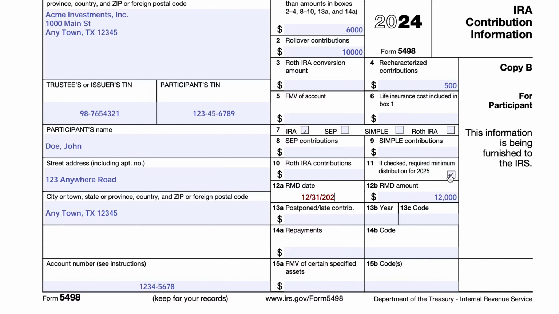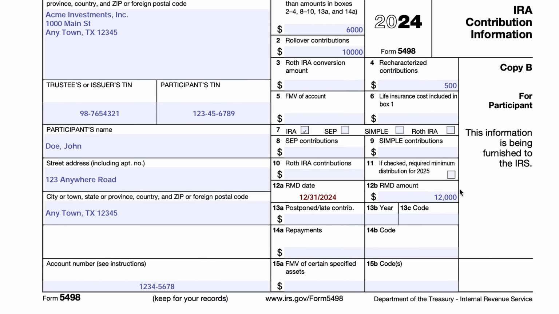So let's imagine that this is actually for the current tax year. So if this is checked, this means that the RMD is required for next year. But if you had an RMD for 2024, then let's just imagine that you're required to withdraw this amount by the end of the tax year, and your RMD amount is $12,000.